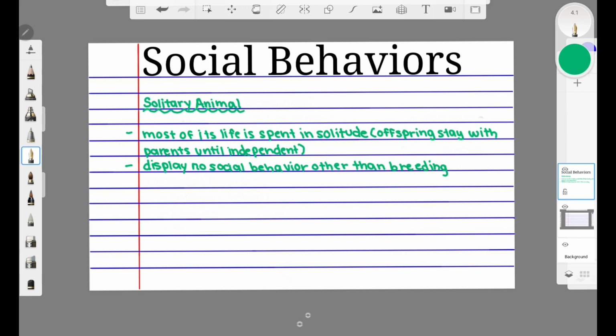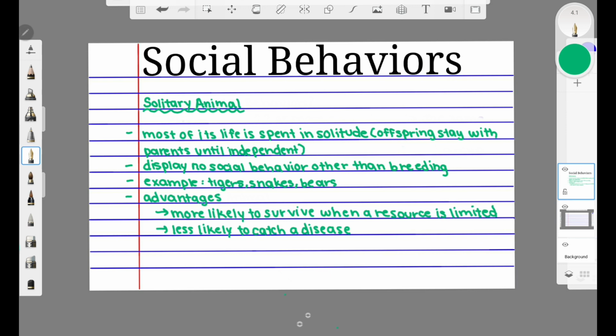They display no social behavior other than to breed. And from the definition of social behavior, basically that means they don't interact with any other members of their species or any animals other than to breed with them. Some examples of solitary animals would be tigers, some types of snakes, and bears.